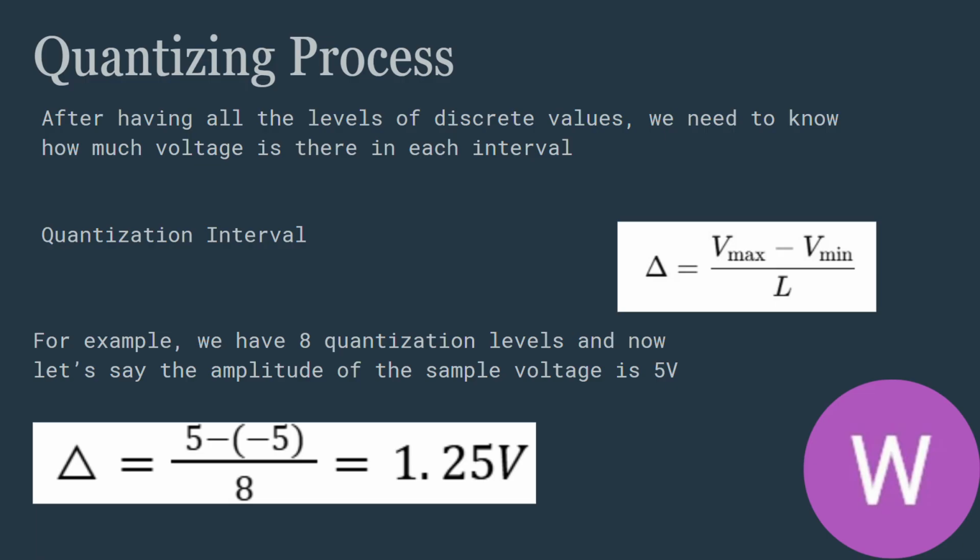So to calculate the quantization interval, we take 5 minus negative 5, where negative 5 is the Vmin, and then over 8, where 8 is the L, the quantization level. After that, we will get 1.25. So this will be the quantization interval. That means for each level, the interval voltage between them is 1.25.